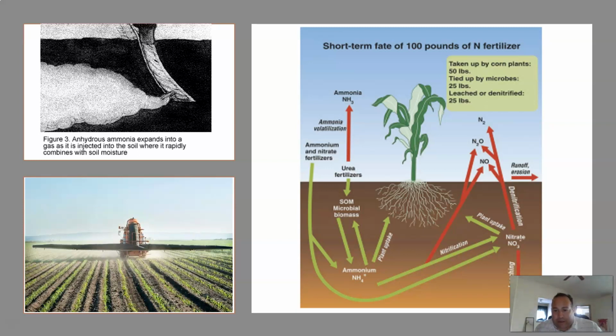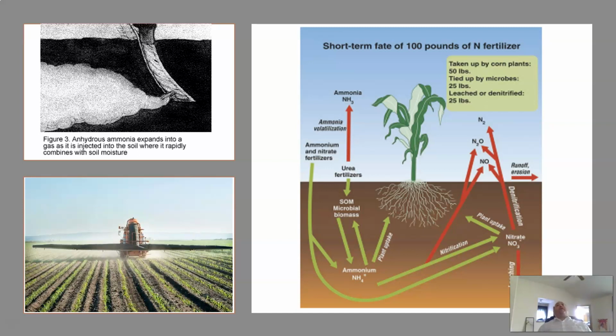So if I put 100 pounds of fertilizer onto a crop, what's going to happen? In this specific instance, about half of it is going to get taken up by the corn plant, so about 50 pounds gets used. Microbes in the soil are going to tie up 25 pounds, and then you've got 25 pounds that's just going to leach down or denitrify and turn back into atmospheric nitrogen.